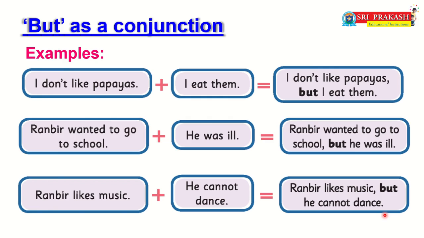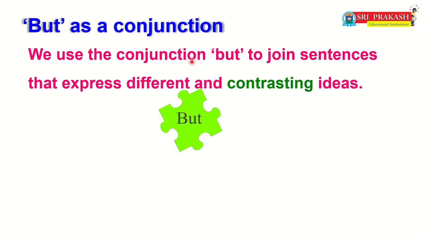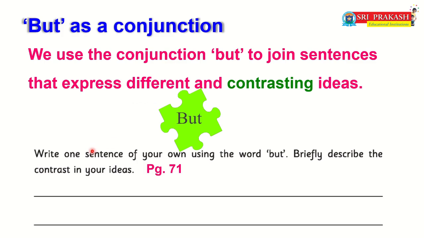Hope you understood the use of but as a conjunction. Let us summarize. We use the conjunction but to join sentences that express different and contrasting ideas. Now you write one sentence of your own using the word but. Describe the contrast in your ideas.